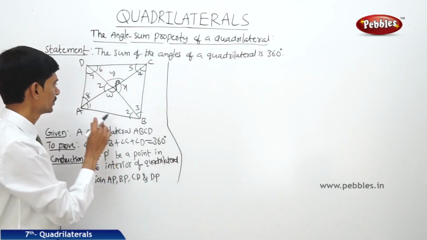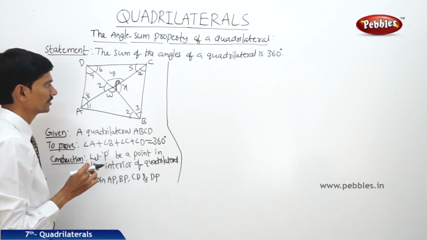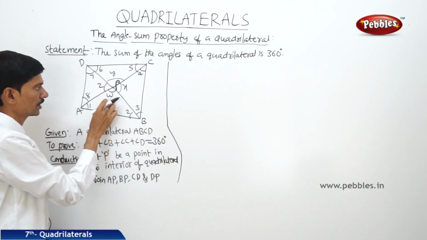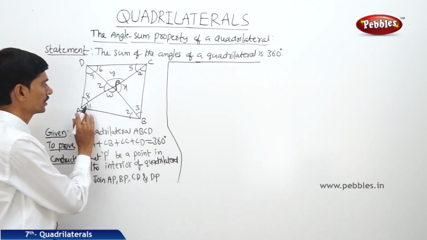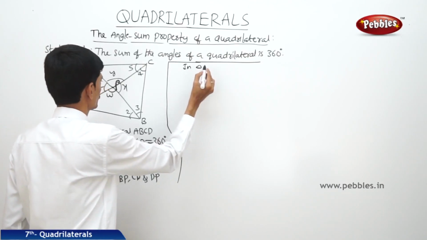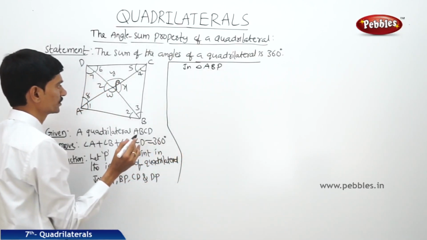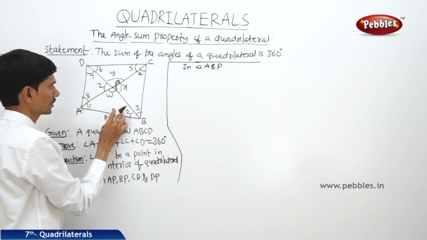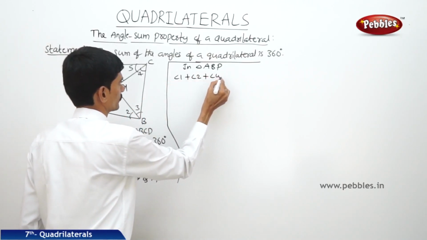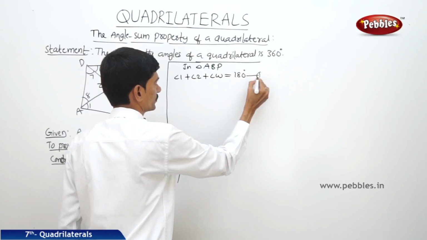So if angle 1 plus angle 2 plus angle W equals 180, then angle 1 plus angle 2 equals 180 minus angle W. Now in triangle ABP, by the angle sum property of a triangle, angle 1 plus angle 2 plus angle W equals 180 degrees. So this is equation 1.